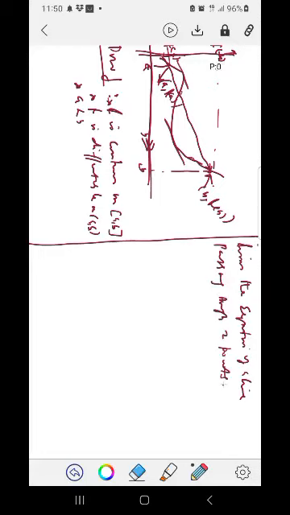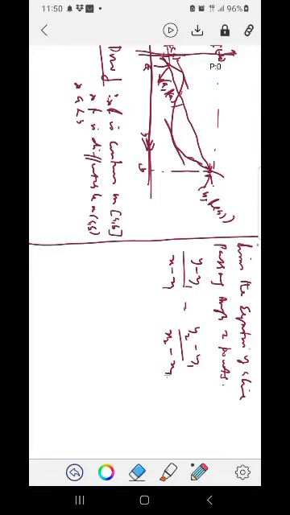When you were in 100 level, I told you that this equation is extremely important, and now here we are using it. That equation generally says (y minus y1) over (x minus x1) equals (y2 minus y1) over (x2 minus x1). That's the equation of a line passing through 2 points.